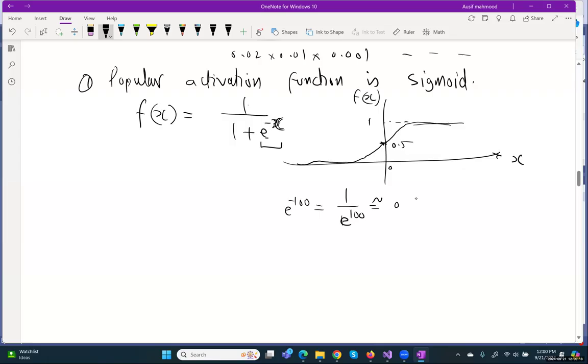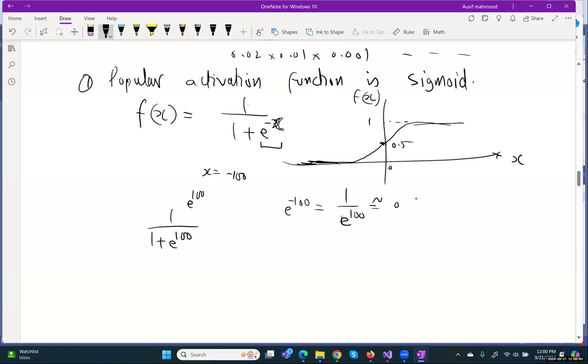In the same way, if x is negative, say negative 100, then e to the negative 100 becomes e to the 100, which is very large. So the whole thing becomes 1 over 1 plus a very large denominator, and 1 divided by a large number is close to 0. So it will become 0.